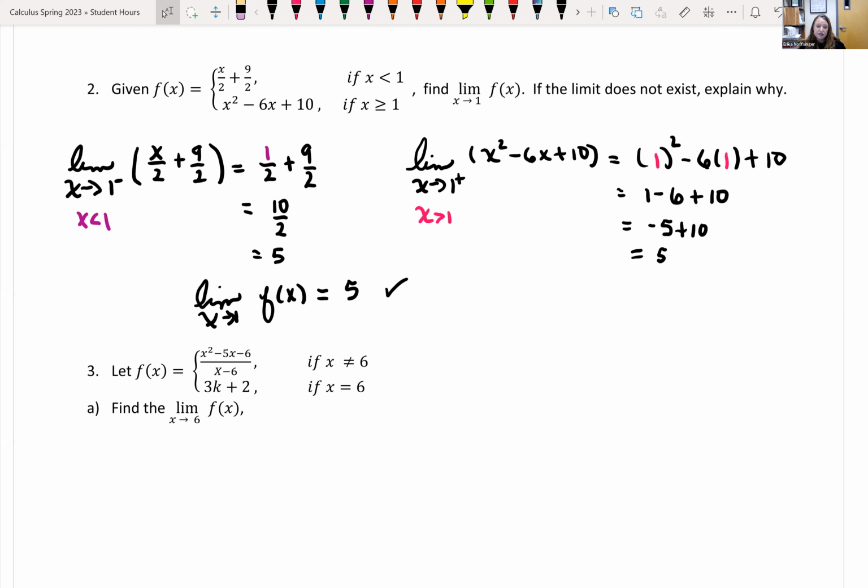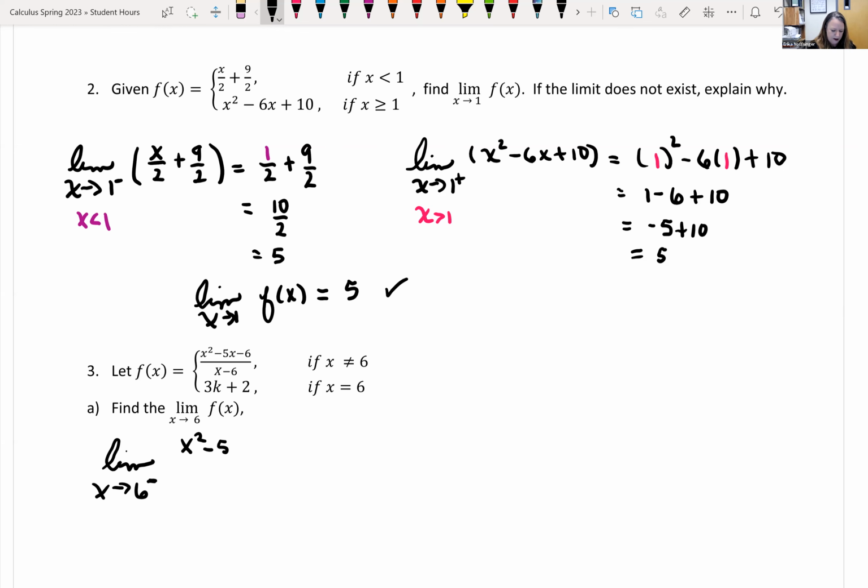So again, we want to see what's happening on the left-hand side, and we want to see what's happening on the right-hand side. If we are looking at the limit as x is approaching 6 on the left-hand side, something that's smaller than 6, that tells me that I need to use my first equation because it's not 6.